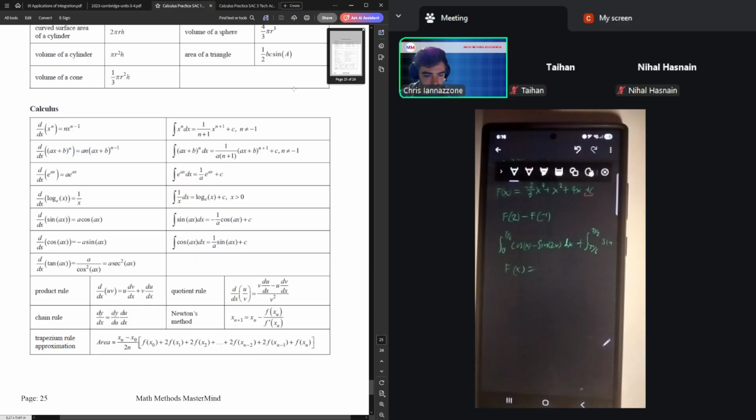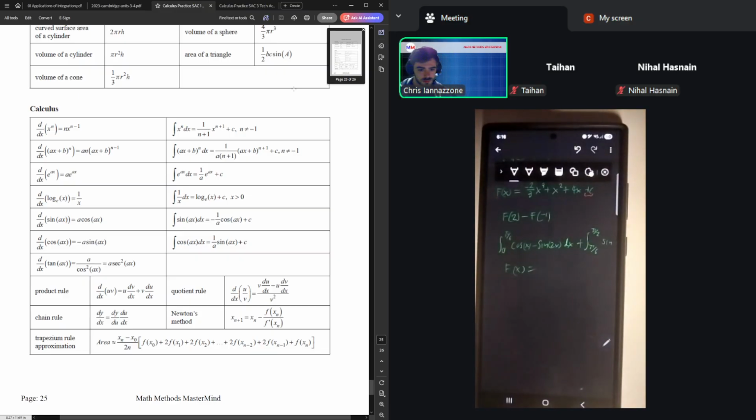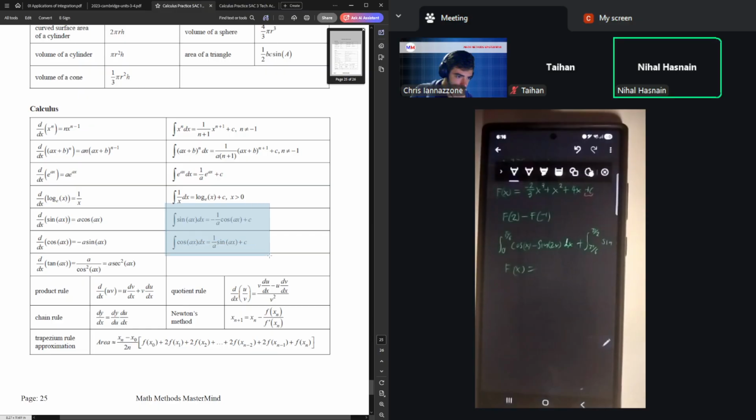So, antidiffing that first integral. First up, antidiff of cos is going to get us what? Negative sine.